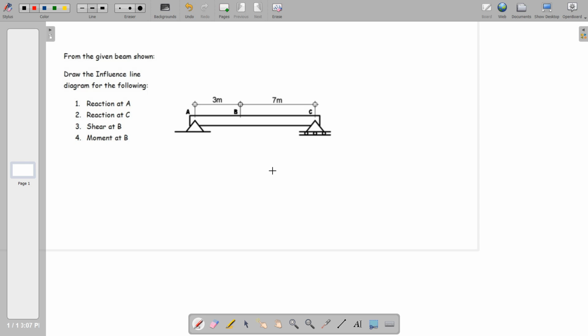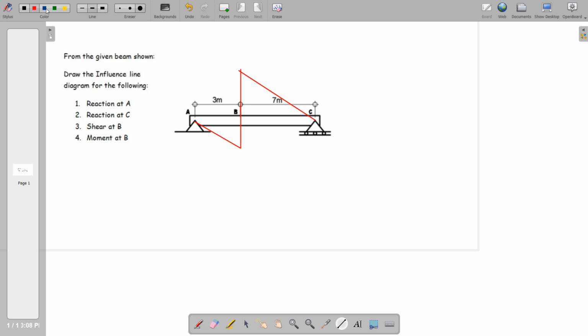For shear at B, the rule is we cut this section and take note of the location of the reactions. We let the left portion deflect downwards and the right portion deflect upwards.